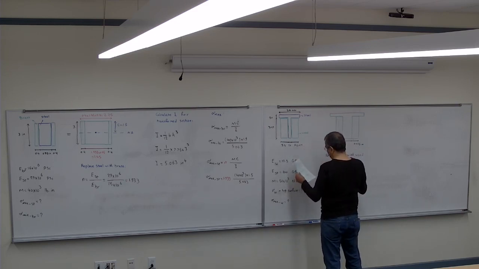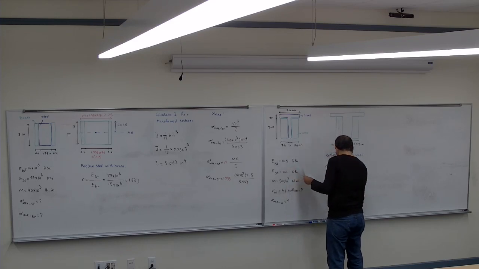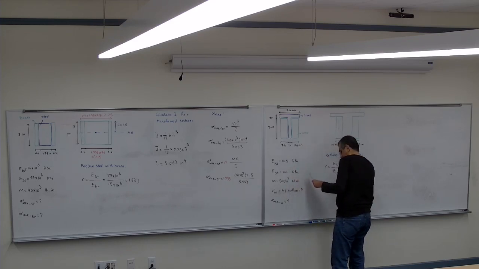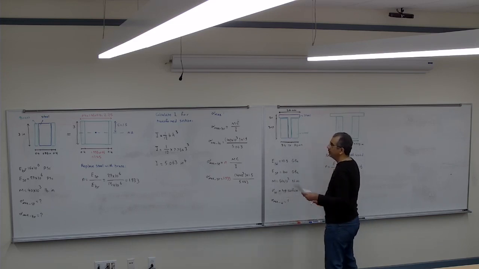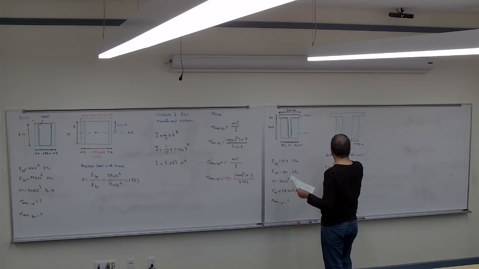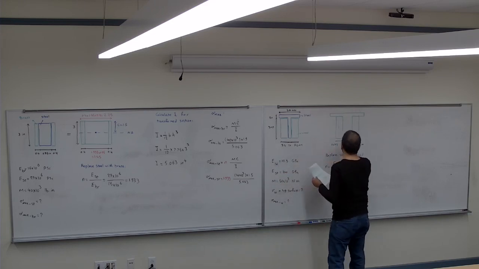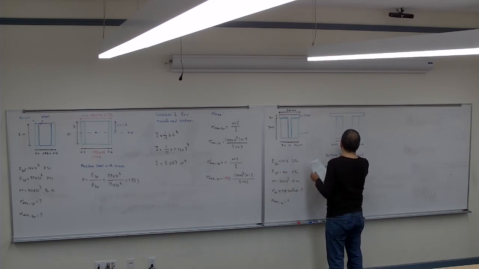Let's convert them. The middle section would be the n times the width, which is going to be 16 times 20. So it's going to be 16 times 0.02, which would be 0.32 meter.